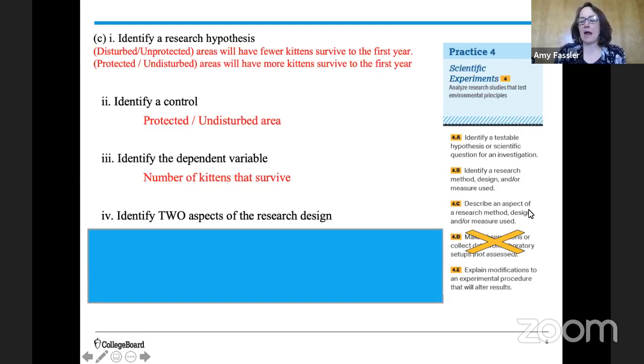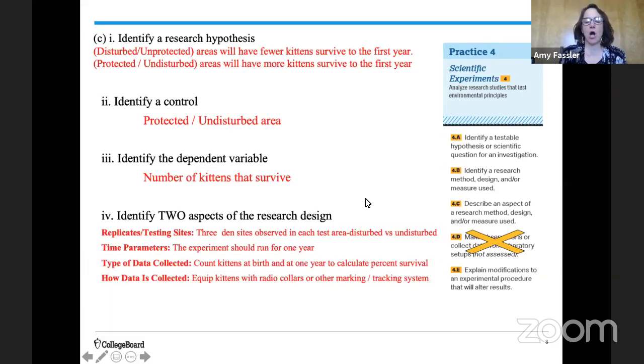And then other aspects of a research design or measure used. I included a couple of examples here that we can talk about. The idea of replicates: if I went to a protected area and looked at the number of kittens in one den, and an unprotected area and looked at the number of kittens that survived in one den, I don't have any data to average.